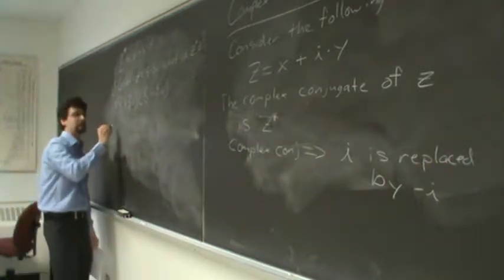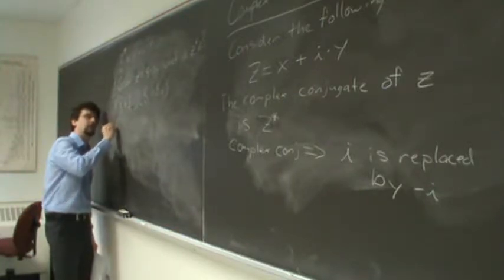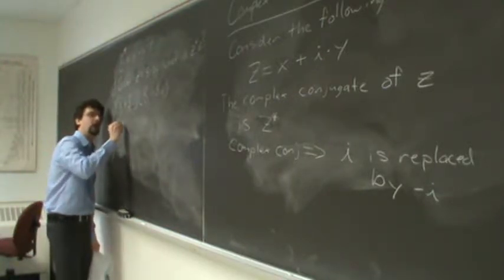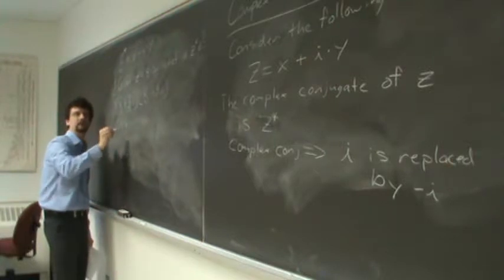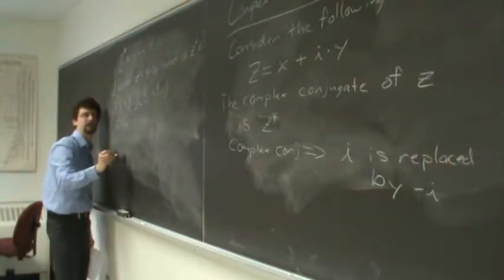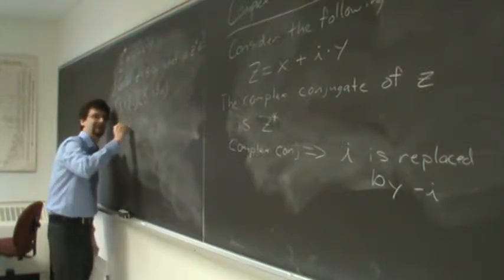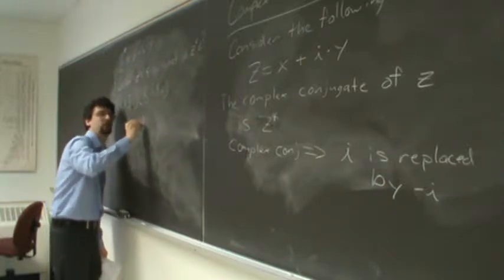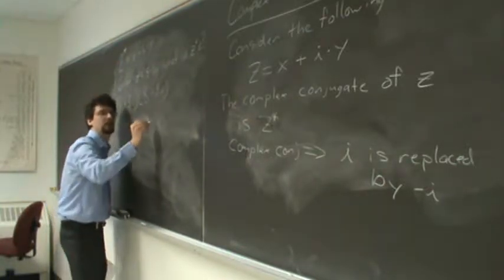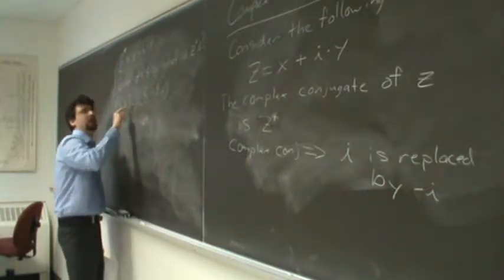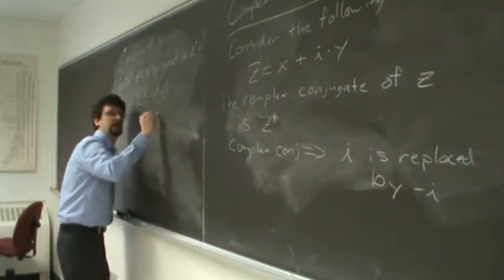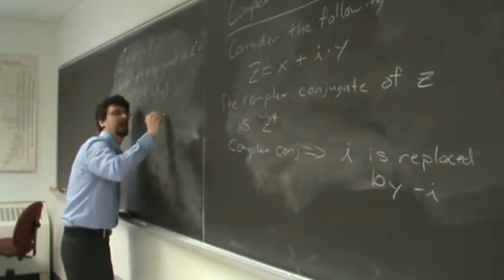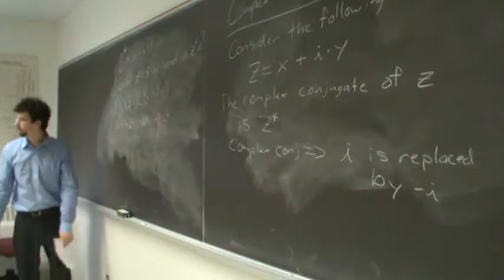So we get 8 times 8, which is what? Yeah, 64. Plus 3 times 8, i. 24i. Yeah. 24i minus 24i. Okay, then we're going to get 3 times 3, so 9, minus i squared, right?